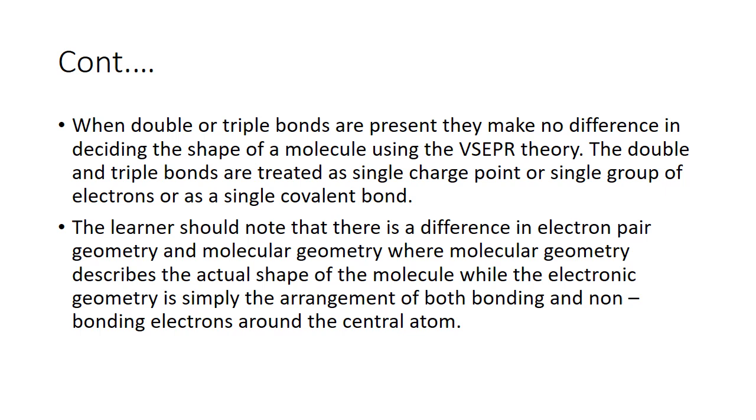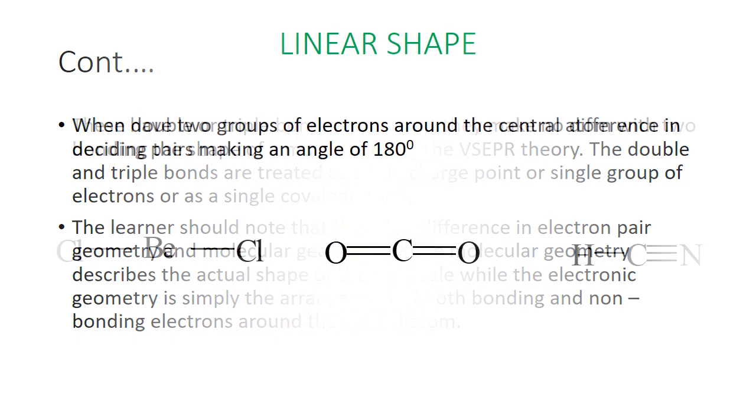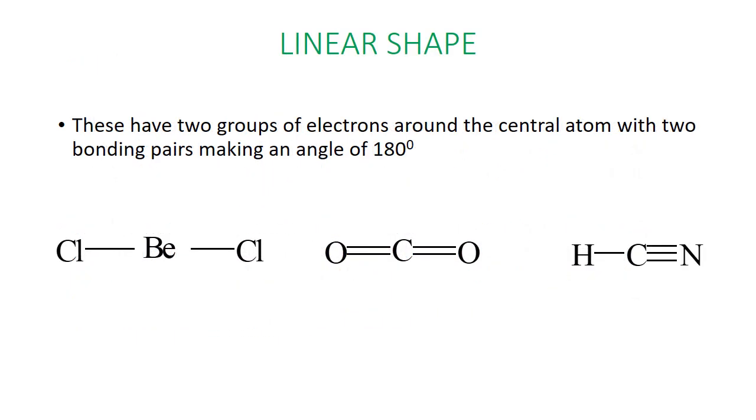However, we should note that there is a very big difference between electron pair geometry and molecular geometry. Here we are going to look at molecular geometries, not electron geometries. It is the molecular geometries which define the actual shape of the molecule.